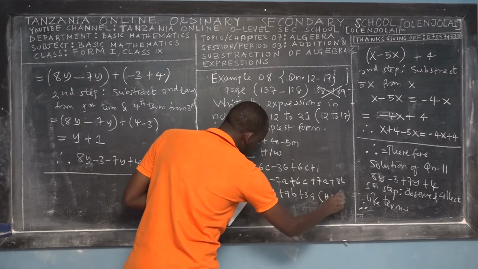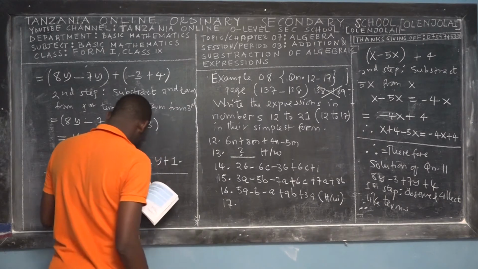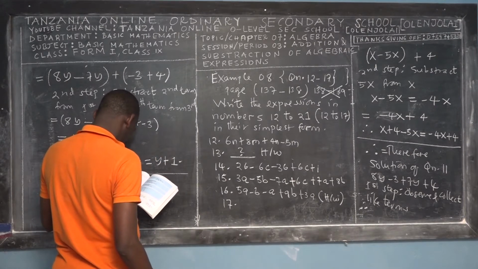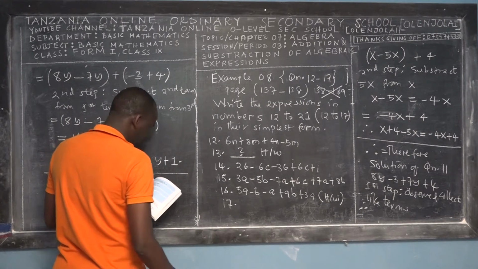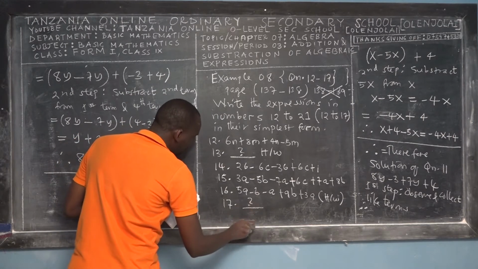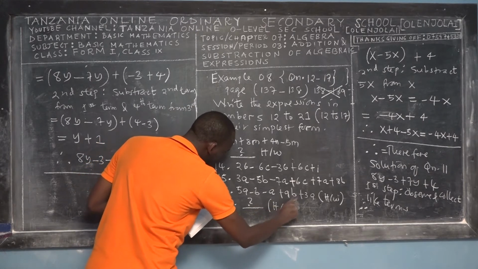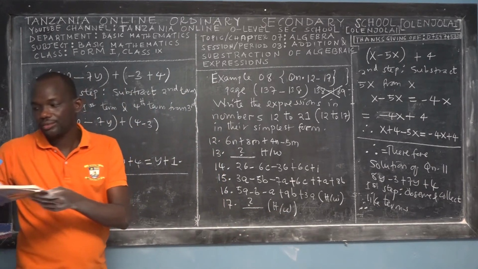This is homework. And then 17, it is blank, and then homework. Fill the blank and solve it.